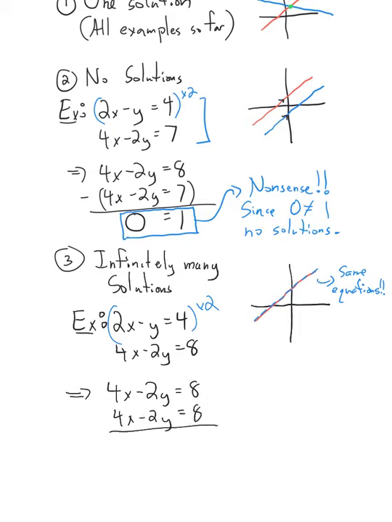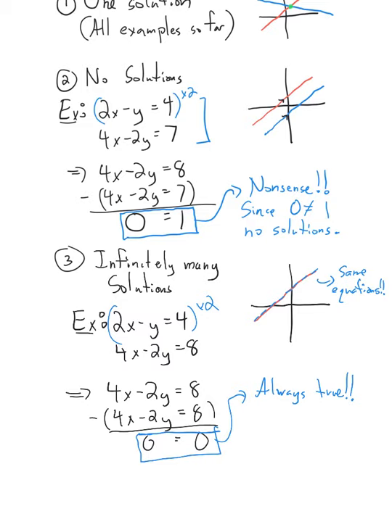If we subtract these, we get 0 equals 0. Of course, both sides are the exact same. They're the exact same equation. So if you get something that's always true, then there are infinitely many solutions.